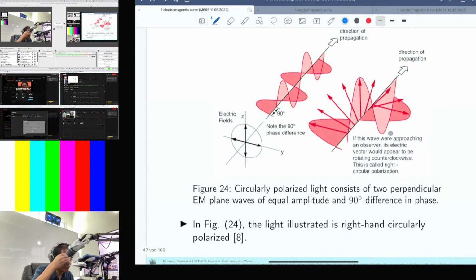In figure 24, the light is illustrated as right-hand circular polarization. What is the meaning of circular?